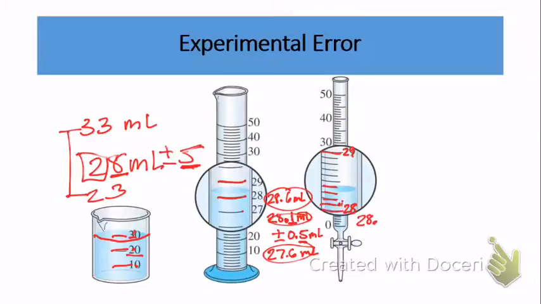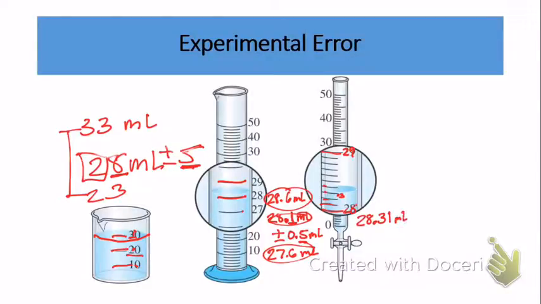So this is 0.1, that's 0.2, that's 0.3, and that's 0.4. So I know that it's at least 0.3, and then my last digit I can estimate a little bit. This estimated digit after 0.3, I think, is going to be 1.